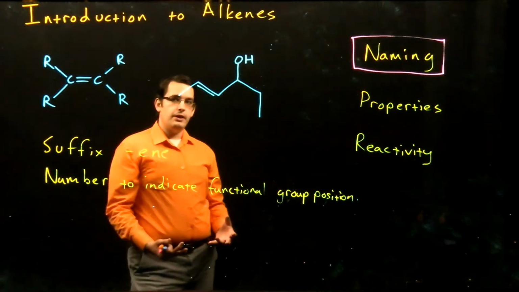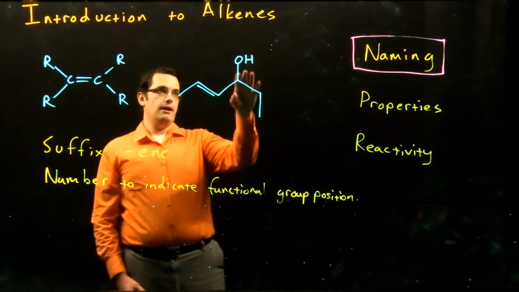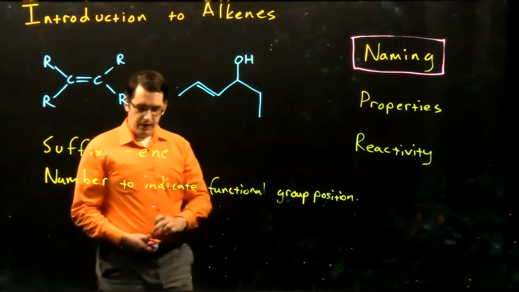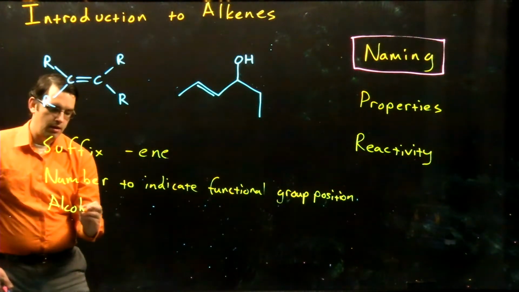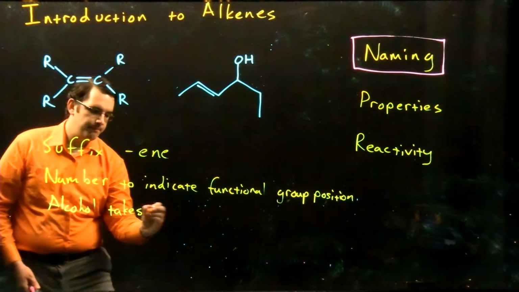Now, of course, the next thing we can consider is if we have multiple functional groups, such as our alcohol functional group and our alkene together. Now, as before, with our alkyl halides, our alcohol will take the higher priority.